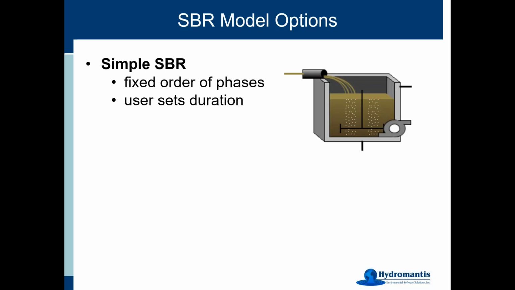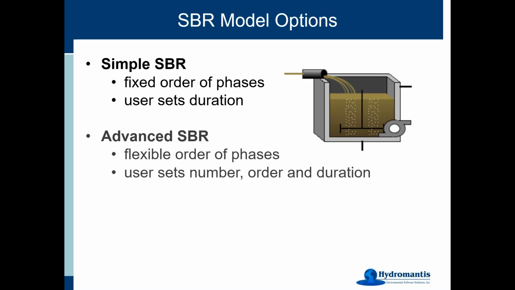The simple SBR has a fixed order of phases, and you're really just setting the duration of those, but you have to make it operate in the order that it has. So we've picked, obviously, ones that are the typical SBR setup. You can actually skip over some phases if you don't need them. The advanced one, though, is one that has a flexible order. So it allows you to set any number of phases that you like, and you can do them in any order that you like.